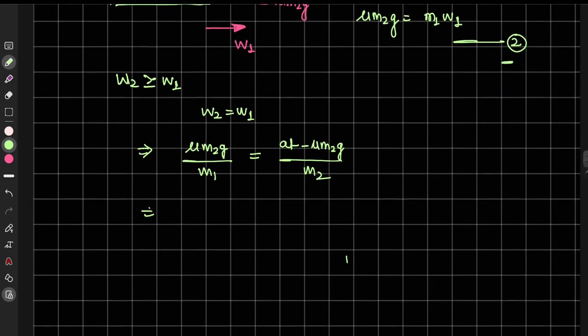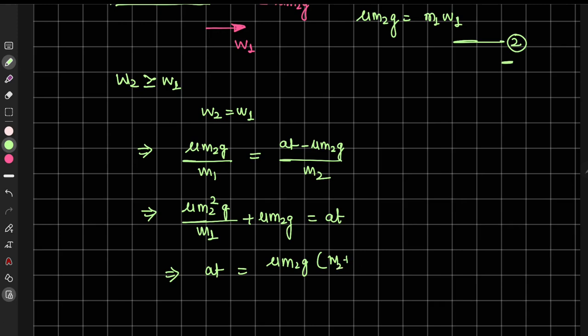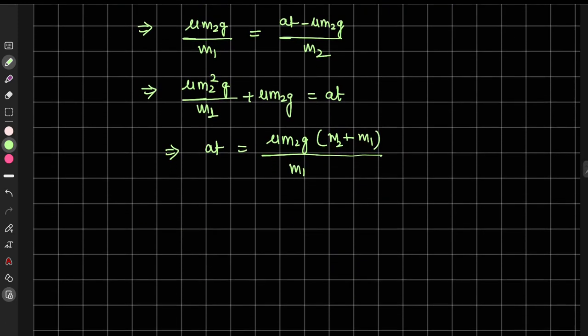So from here we will get mu m2 square g whole divided by m1 plus mu m2g is equal to A into T, and we can write AT is equal to mu m2g as common, and we get m2 plus m1 whole divided by m1, and we will get t is equal to mu m2g times m2 plus m1 whole divided by A times m1.